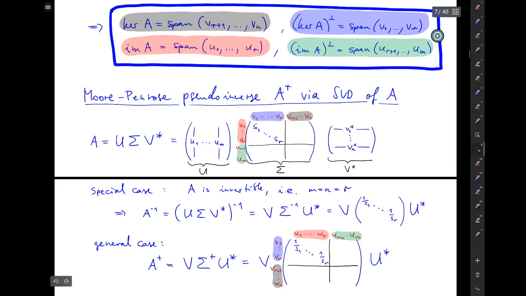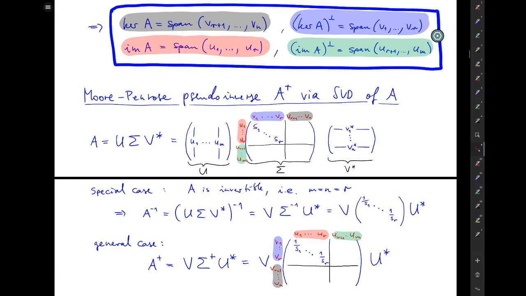And you can see that here by the fact that we are ignoring everything that is coming from the orthogonal complement of the red space. So it's all 0 in here. And then this square block here is just the inverse of that square block here.